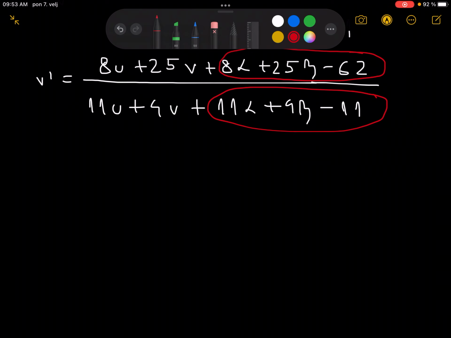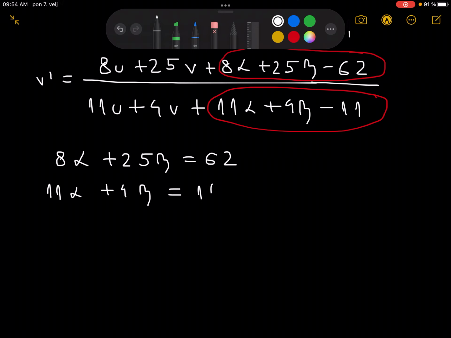Okay, so let's go ahead and solve this system. So 8 alpha plus 25 beta is equal to 62, and 11 alpha plus 4 beta is equal to 11.